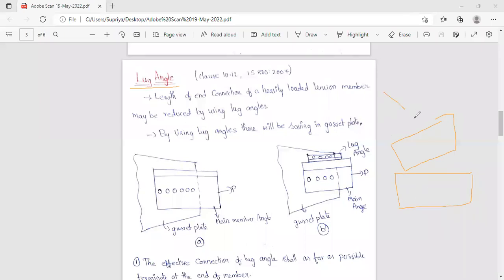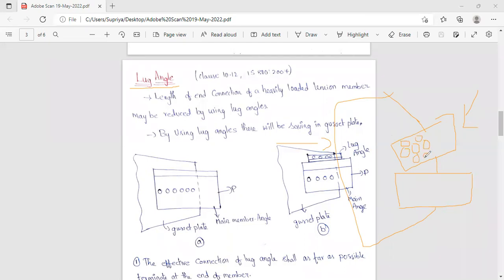Sometimes the incoming load on the members will be more, so in order to provide strength for the incoming load, we need to provide a larger number of bolts for a connection.